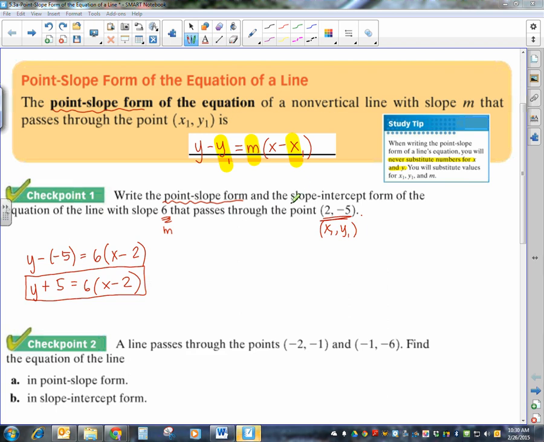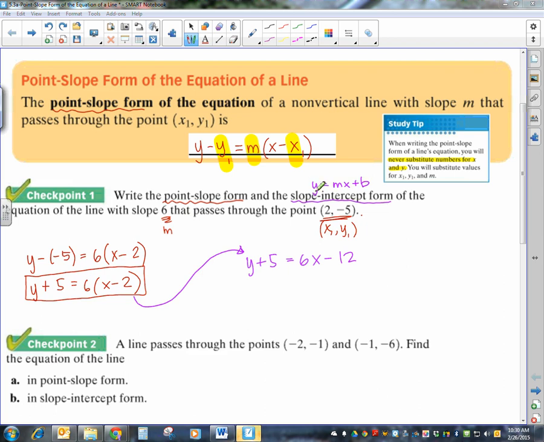Now, the next thing it says is you also need to put it in slope-intercept form. So I'm going to take this and I'm going to distribute on the right side. So y plus 5 equals 6x minus 12. Remember that slope-intercept is y equals mx plus b.